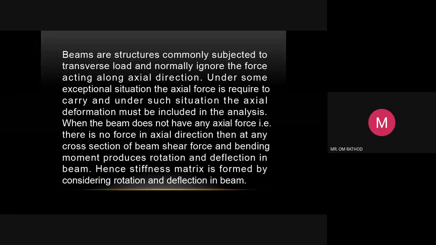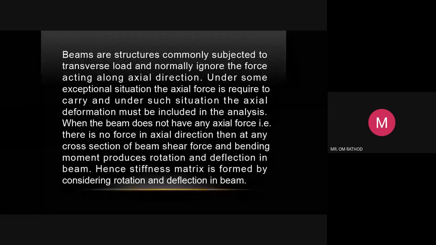Hence whatever the stiffness matrix will be formed, that will be by considering the rotation and the deflection in the beam. Accordingly, we have to derive the stiffness matrix.